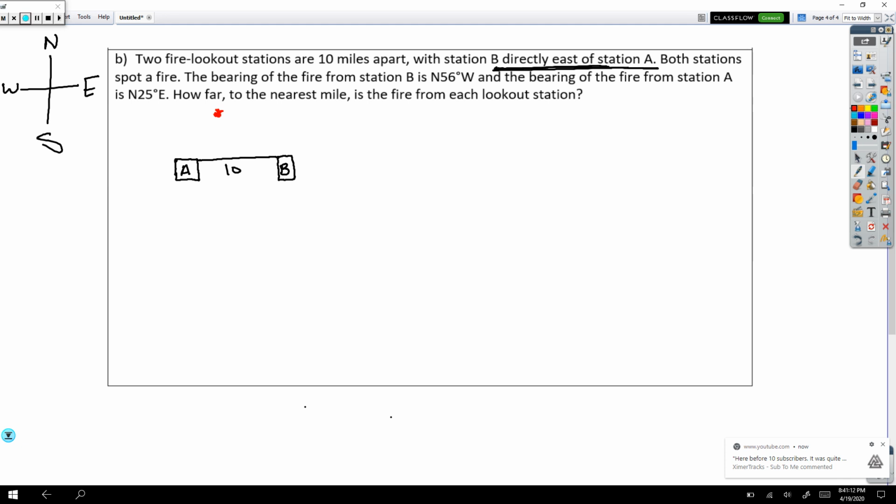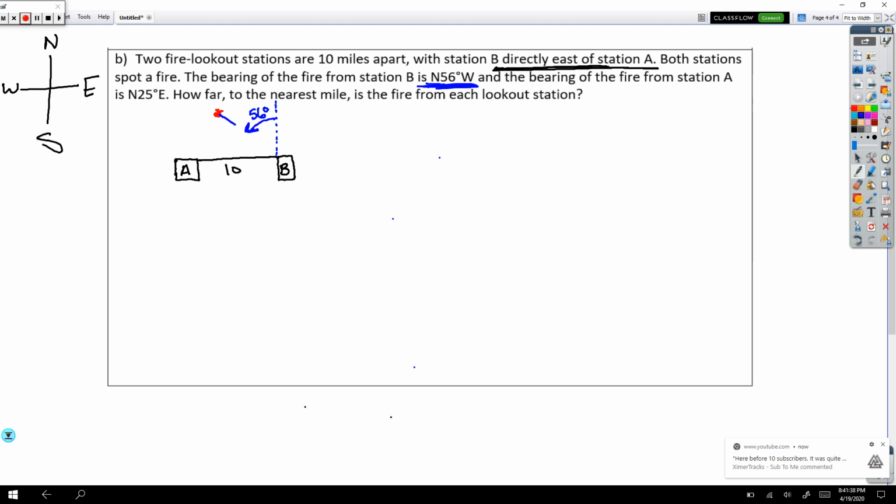The bearing of the fire from station B is north 56 degrees west. So that means if I look north, I want to look 56 degrees to the west, so left. And that's what makes this problem tough.